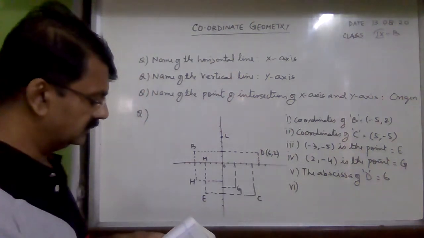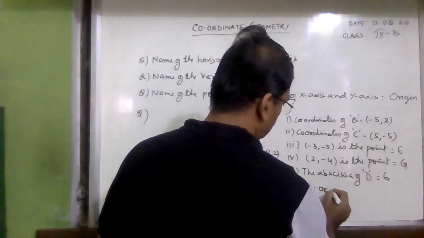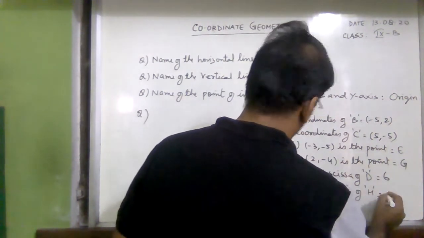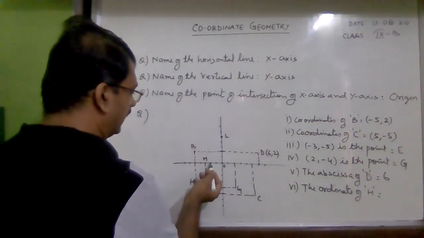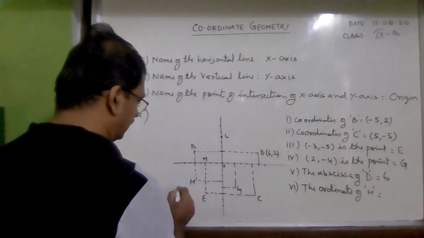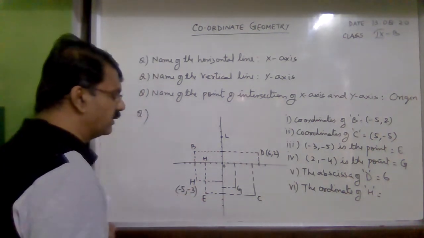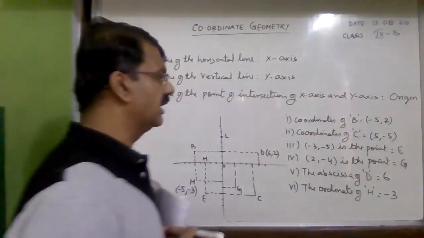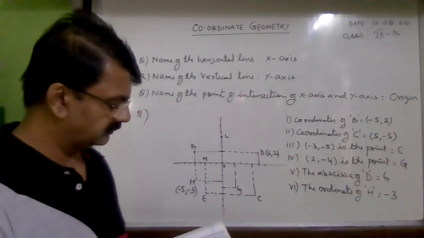Clear? Then the ordinate of point H. You see your H, -1, -2, -3, -4, -5, and then -1, -2, -3. So the coordinates of H is -5, -3. Abscissa is -5 and ordinate is -3. The y coordinate is called the ordinate. So here the ordinate is -3.